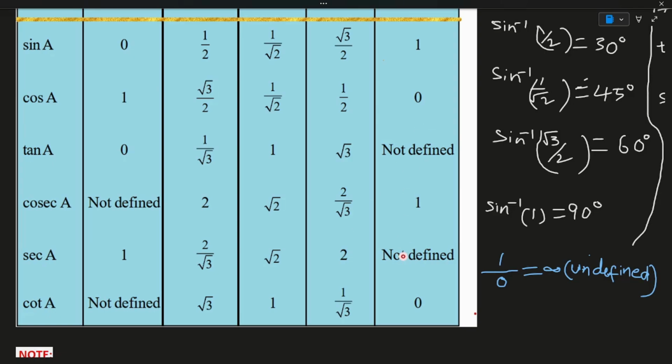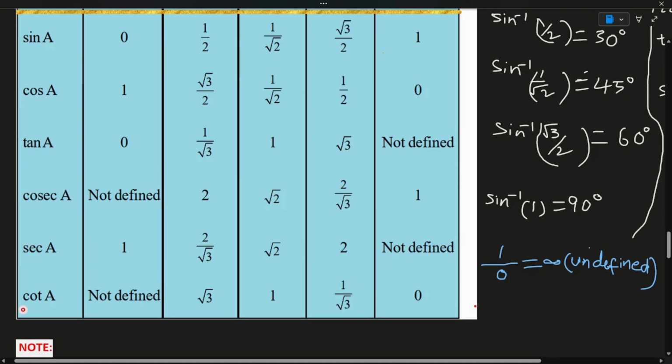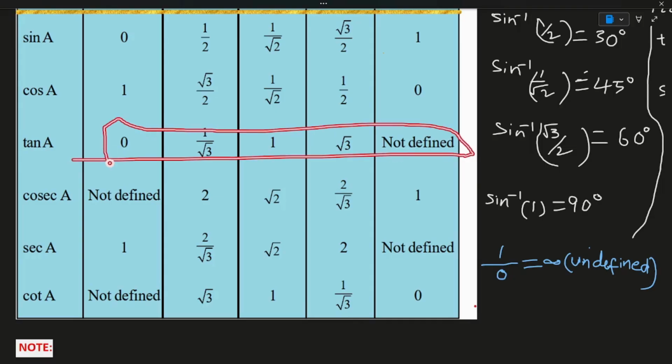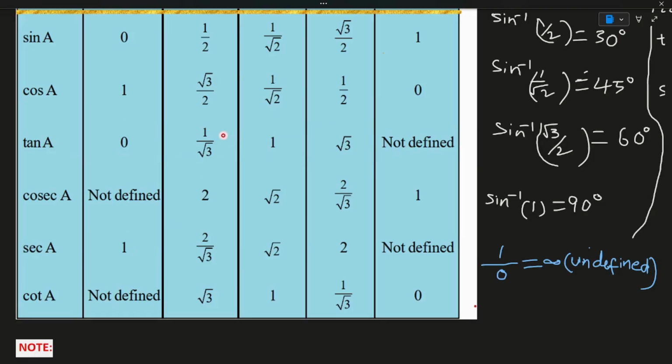Why? Because they are reciprocal with each other. The cot A equal to the reciprocal of tan A. So again, these entire values have been changing here. The 0 became 1 by 0, 1 by root 3 became root 3, 1 became 1, root 3 became 1 by root 3. Just reversing.